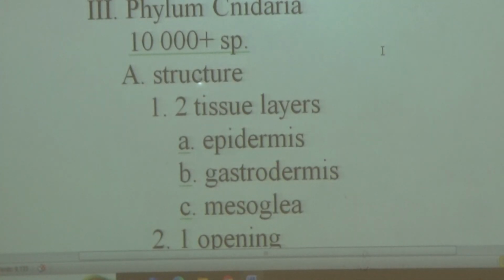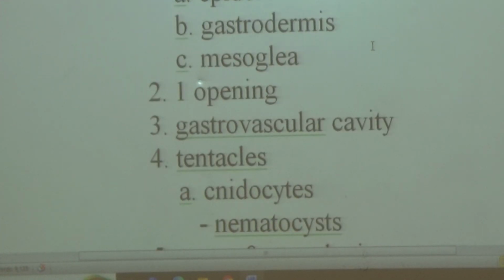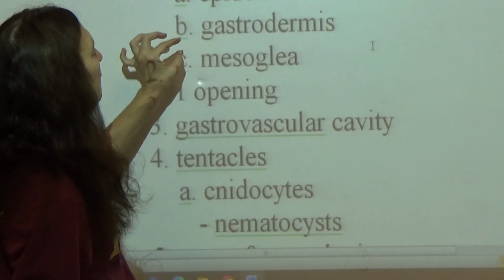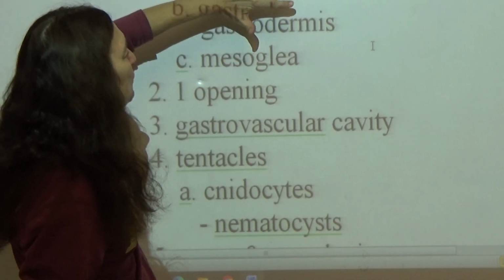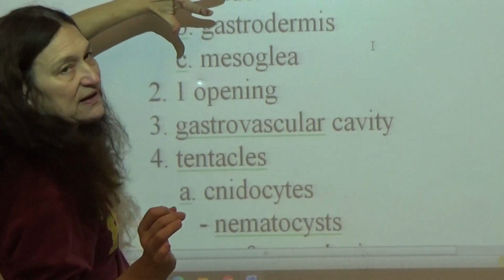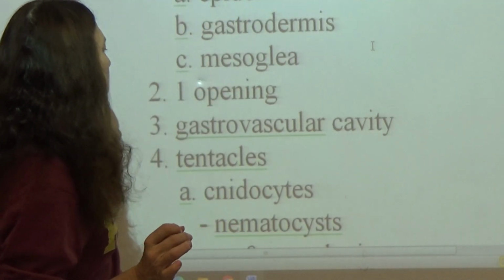Then you have the mesoglea. Meso, middle. Glea refers to glue, so middle glue. This mesoglea is kind of like the mesohyl. It holds the two tissues together.